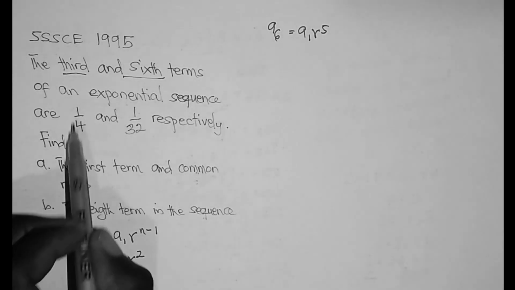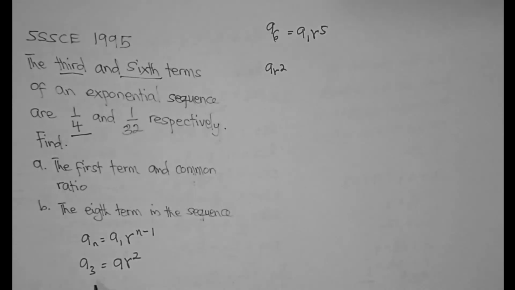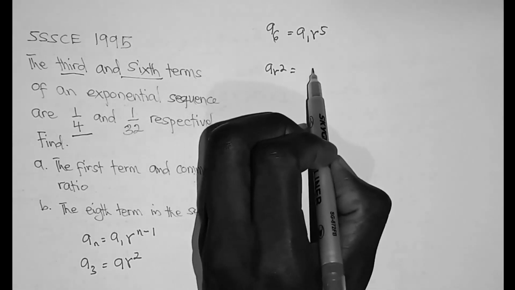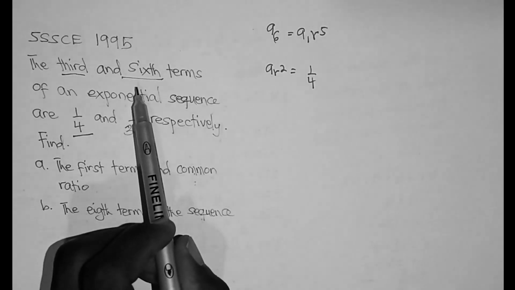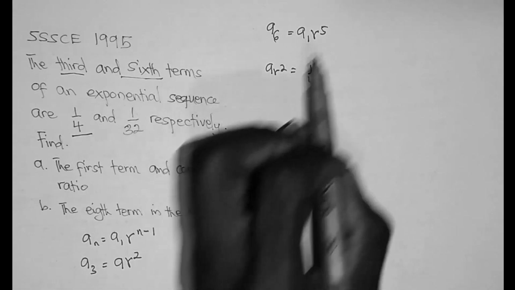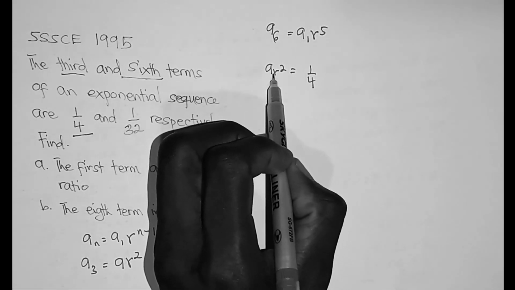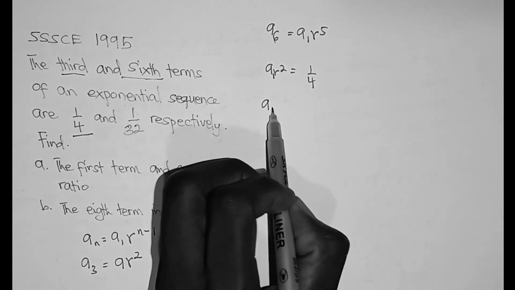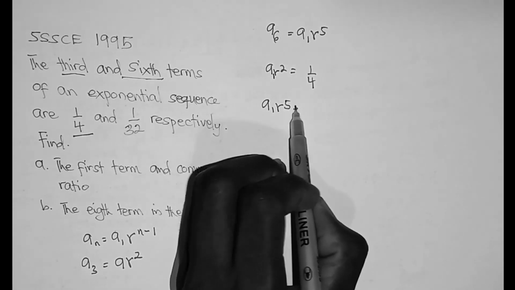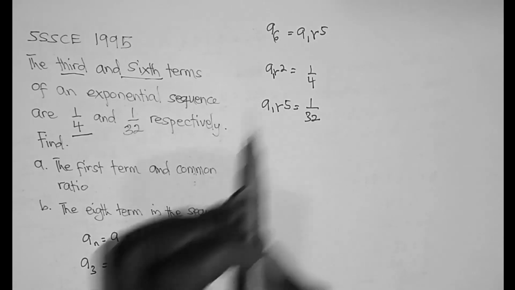However, the question says that the third term is 1 over 4. This implies that a1 r squared is equal to 1 over 4. And the sixth term is 1 over 32. The sixth term we got as a1 r exponent 5 equals 1 over 32.